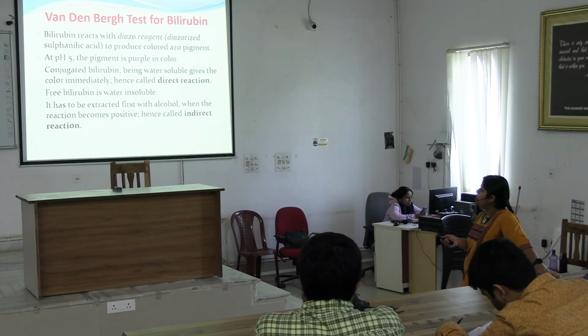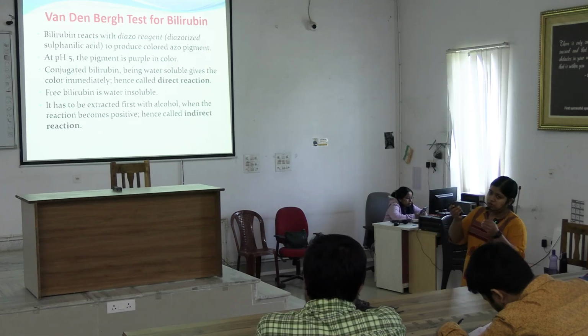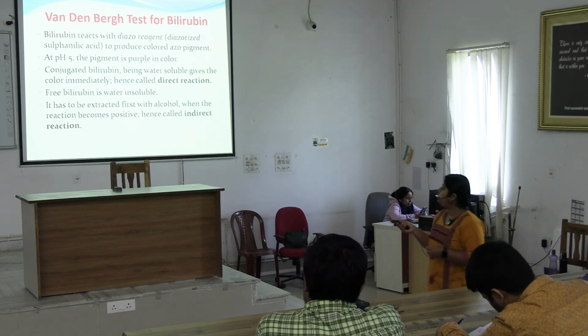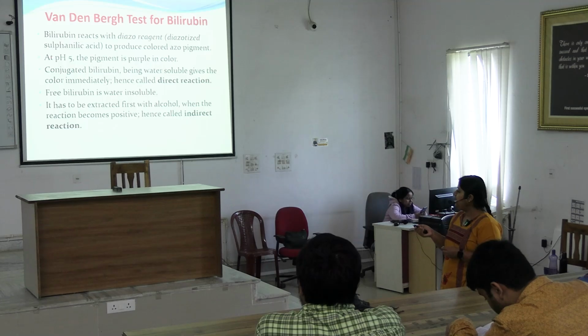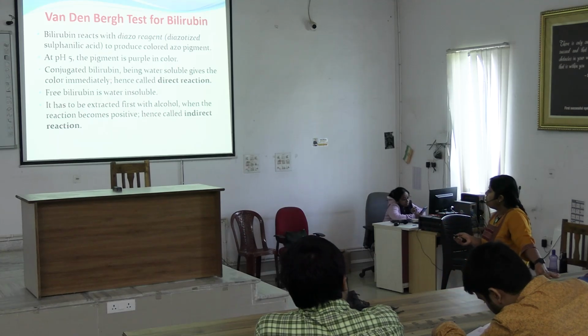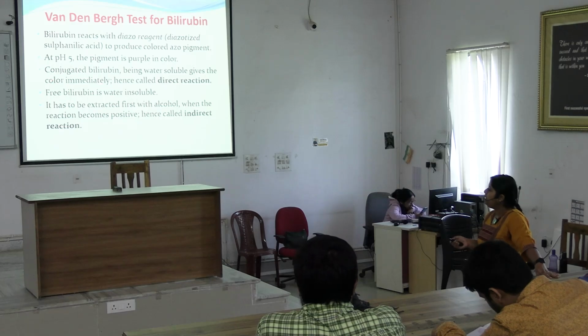azopigment. Conjugated bilirubin is water soluble, so it gives the color immediately, hence it is called direct bilirubin. In a water solution, if we react bilirubin with diazo reagent in an acidic condition, there is formation of purple colored azopigment directly. That's why conjugated bilirubin is called direct bilirubin, whereas free or unconjugated bilirubin is water insoluble.